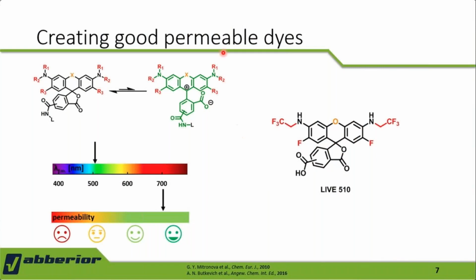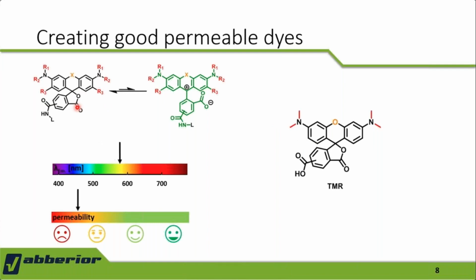The reason here is that we decrease the electron density in the xanthene ring system, so that the electrophilic character of the center carbon increases, and therefore it is easier for this fluorophore to form this lactone ring.